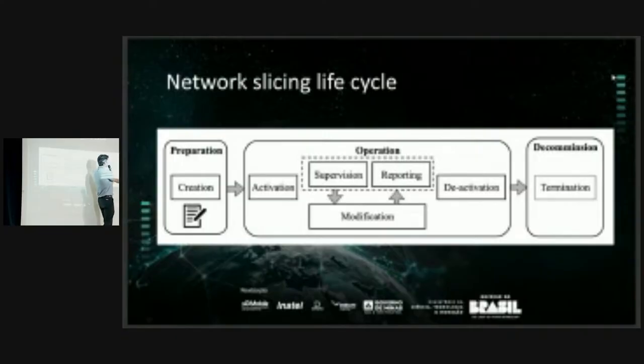Finally, I deactivate and end my slice, decommission the slice. This is a typical life cycle of one slice. And imagine I am one operator. I have 2,000 slices and need to organize the orchestration of these slices in my infrastructure.